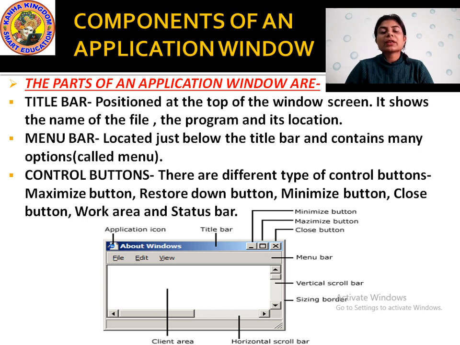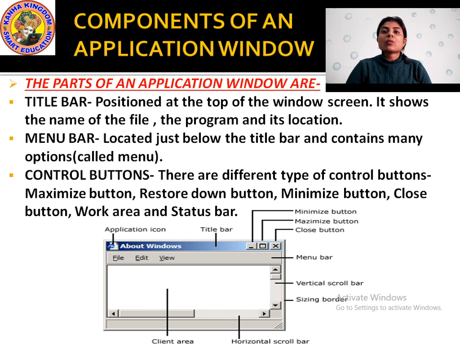Close button means when you are done doing your work, you save your program or your work and then you click on that cross button, the X button. You can see in the picture on the right side, minimize button, maximize button and close button. You can close the page in which you are working.